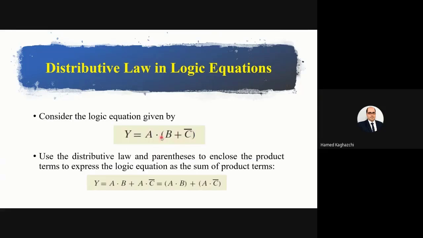For example, if I have A dot B plus C bar, I can write A and B or A and C bar.